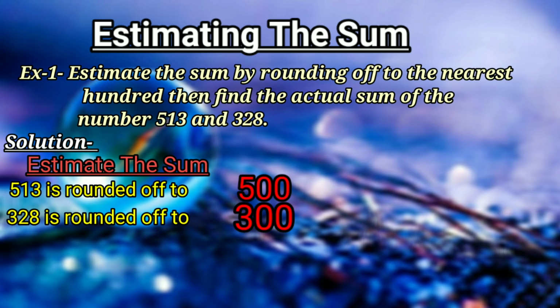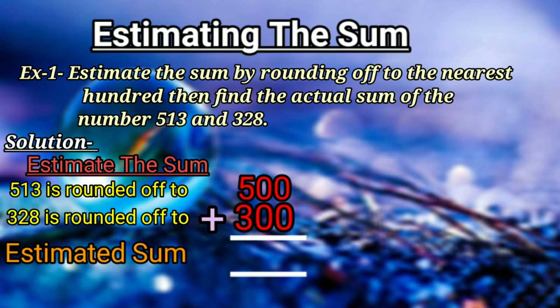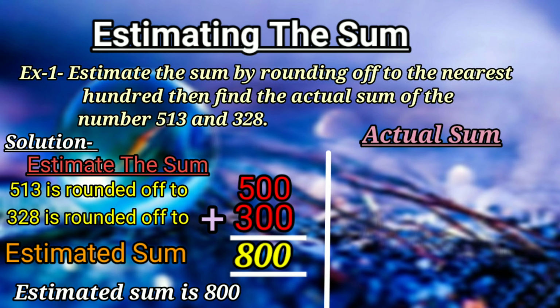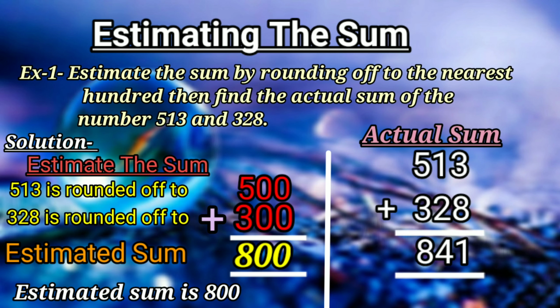Thus, the estimated sum is equal to 500 plus 300, which is equal to 800. So the estimated sum is 800. Now to find the actual sum, we add 513 and 328. So that is equal to 841. Thus the actual sum is 841.